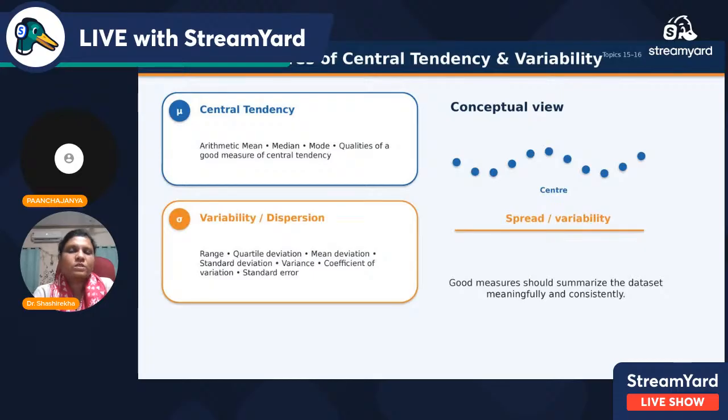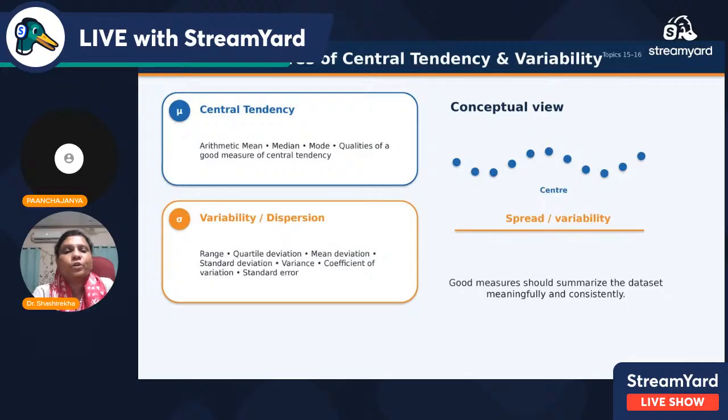This is how your answer must be. And at last, if you are answering, cover the qualities of good measures of central tendency, where it has its limitation, and where it can be adopted very well. Those points will usually be asked for 10 marks.